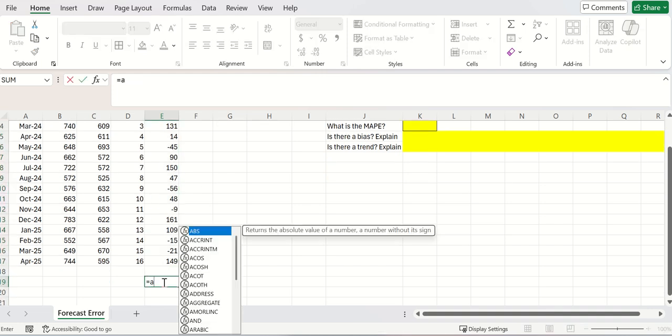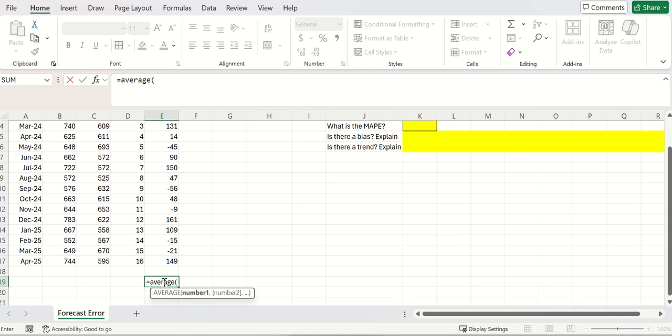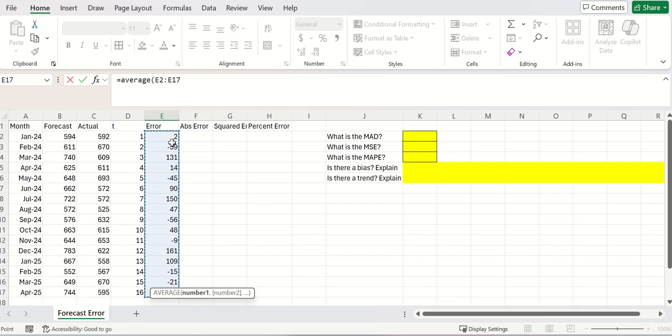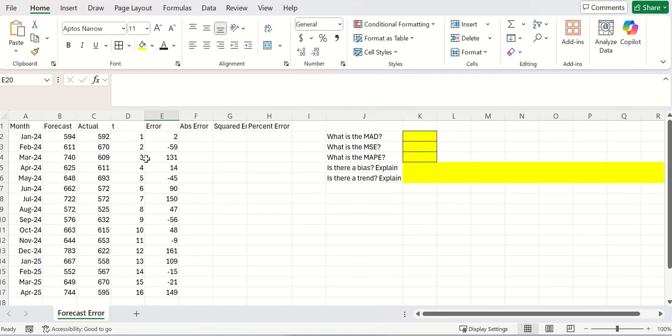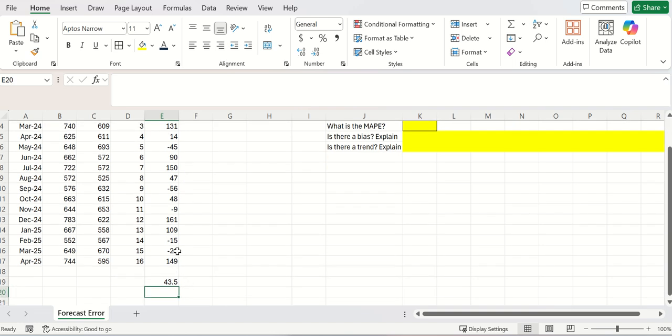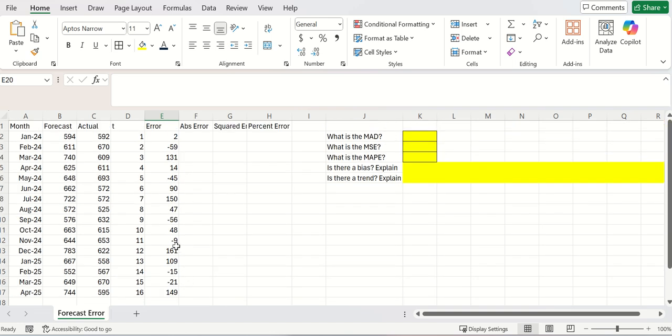If we just took the overall average of these, it says that on average, I'm only off by 43 points each month. However, we can see in here that that's really an underestimate of how much we're off, because being over by 131 or being under by 59, there's a big difference here.